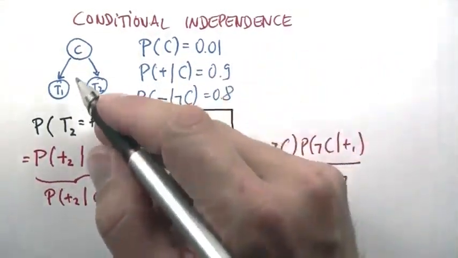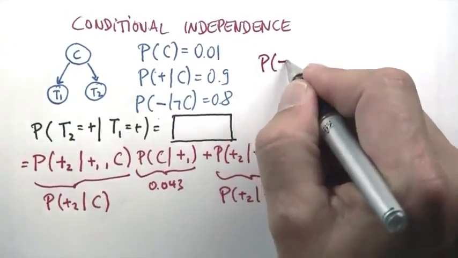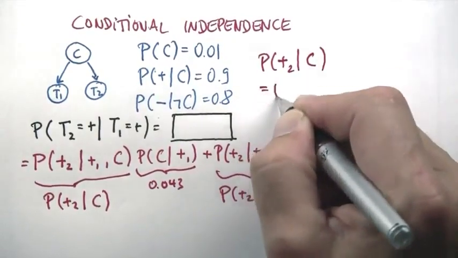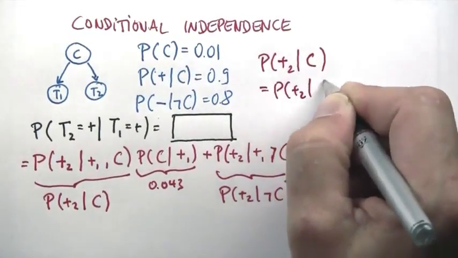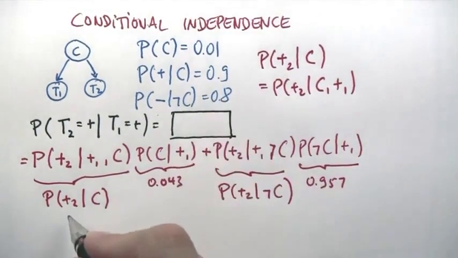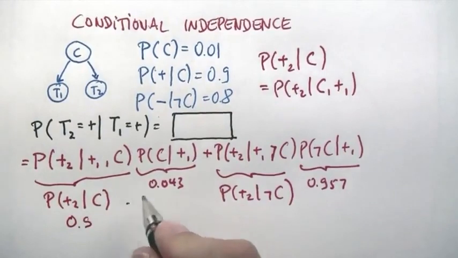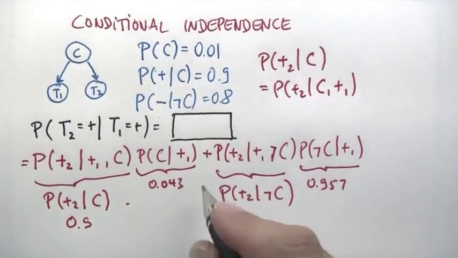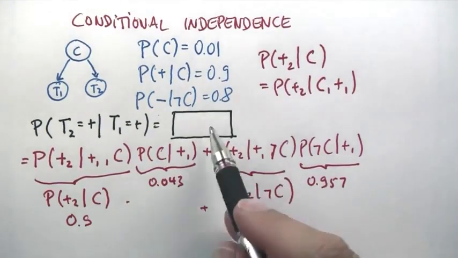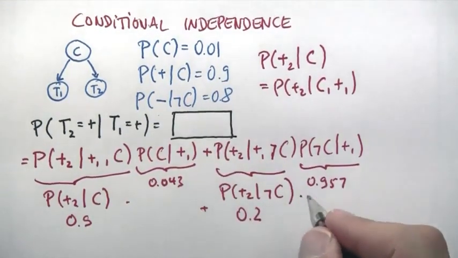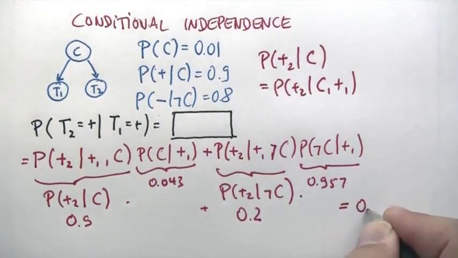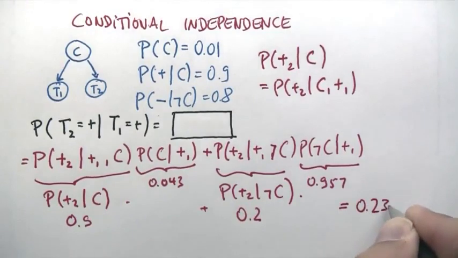I knew that P of +2 conditioned on C and +1 is the same as P of +2 conditioned on C. I can now read those off my table over here, which is 0.9 times 0.043 plus 0.2, which is 1 minus 0.8 over here, times 0.957, which gives me approximately 0.231.